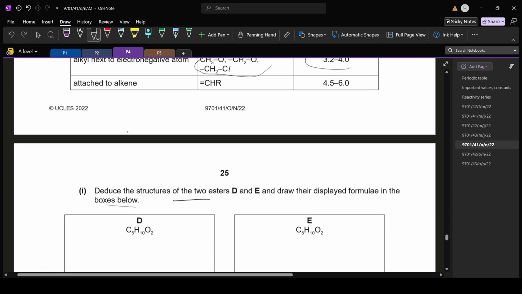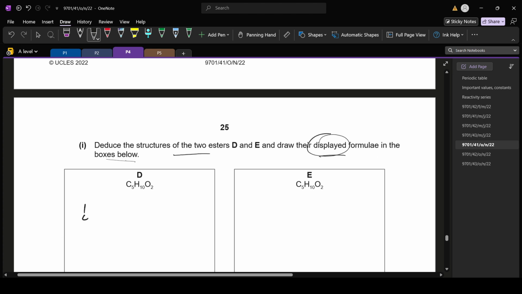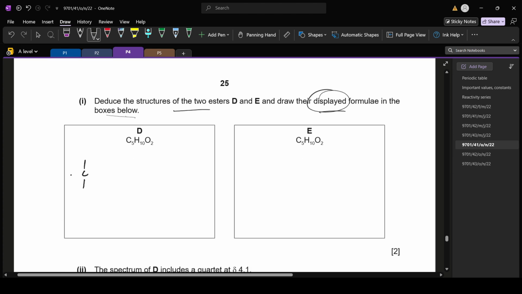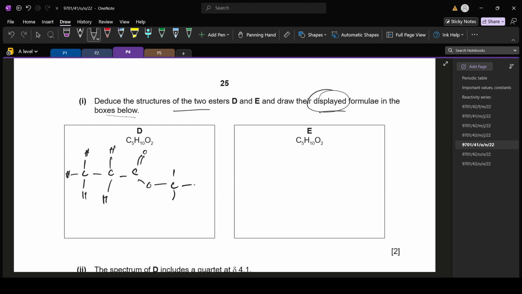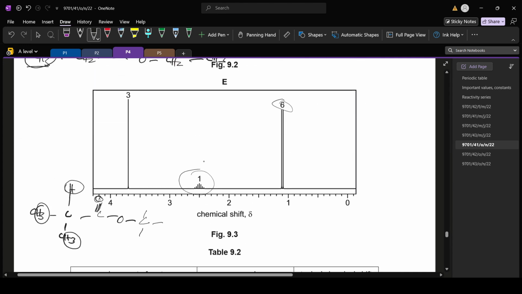Let's draw their displayed formula. So you have to draw the displayed formula, right? So CH3, and then you have CH, then you have carbon, this ester linkage, then you have this structure. So this is your D. I know this part was a little difficult, but these things will be fine with practice.